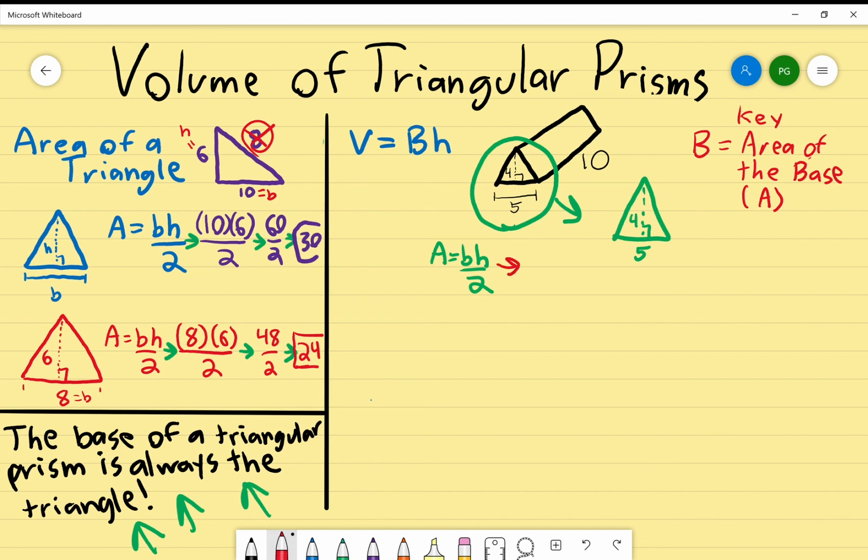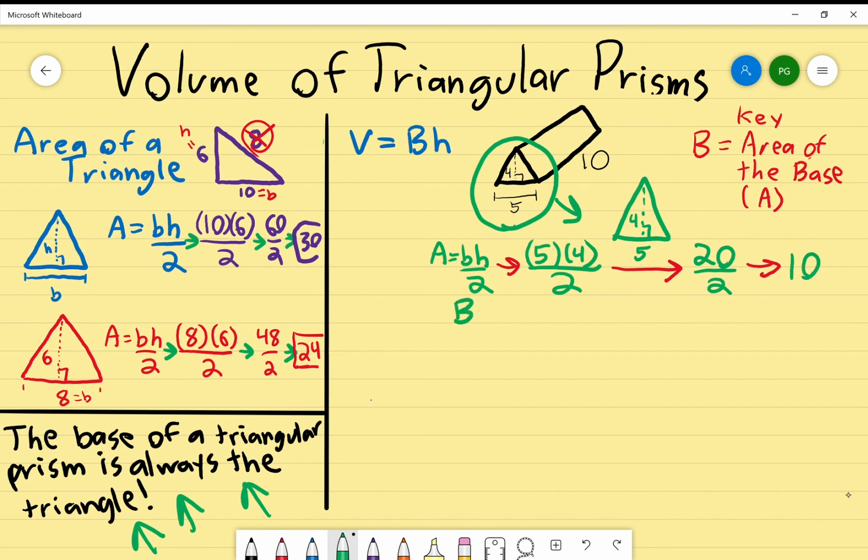My base, like I just said, is 5. My height is 4, then divided by 2. Well, 4 times 5 is 20. So that's 20 divided by 2, which is going to be 10.